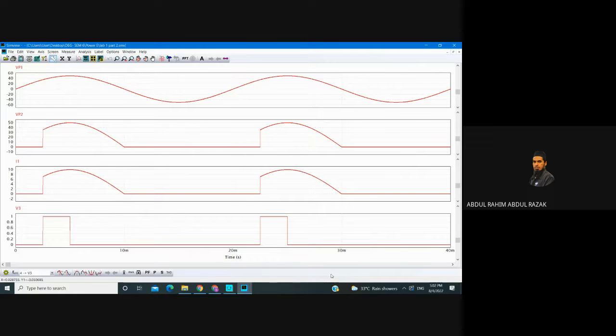Okay. So let's say this is the correct signal. Assume. So in terms of arrangement, like I told you before, we follow the flow from the source up to the load. So the first is V in, followed by the gating, then your V out and I out.